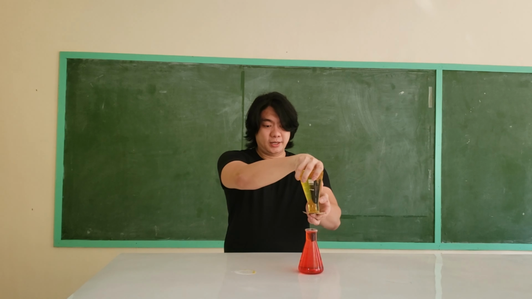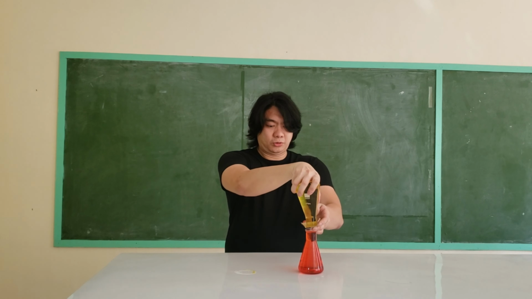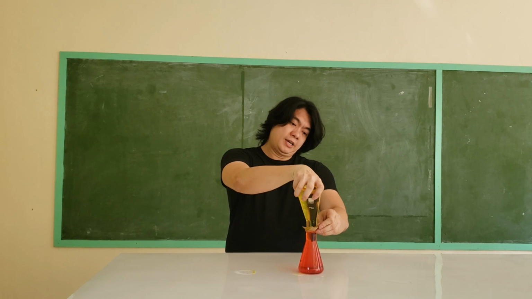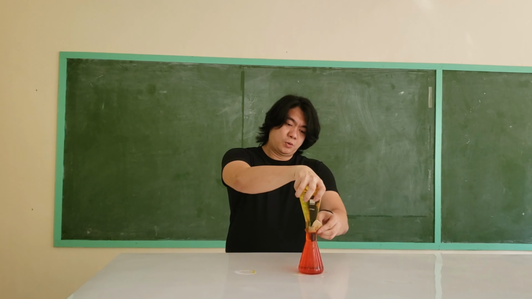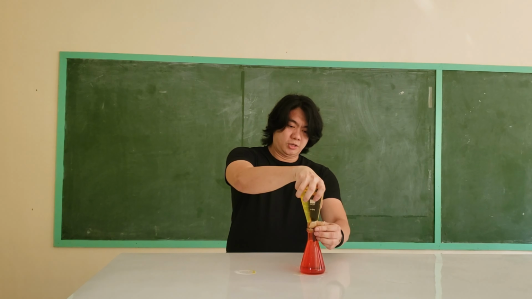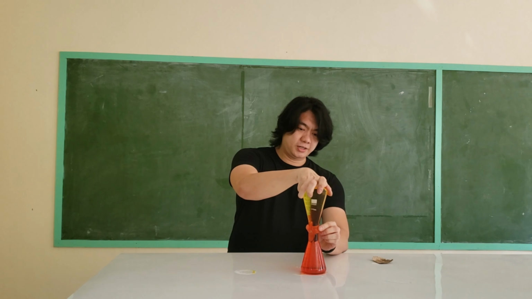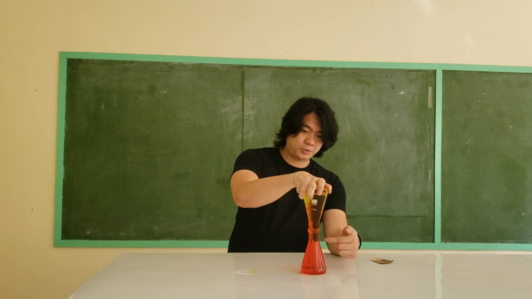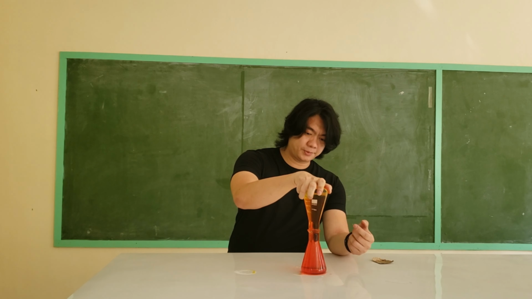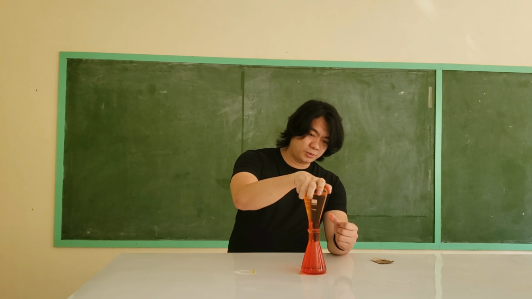It's kind of messy. Then I will put it with the hot water and see what will happen. So you can see the red water rises up while the yellow sinks.